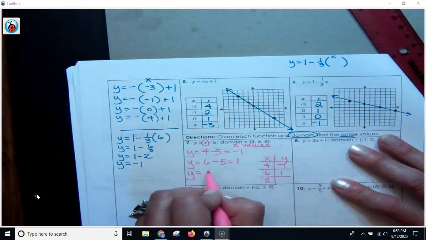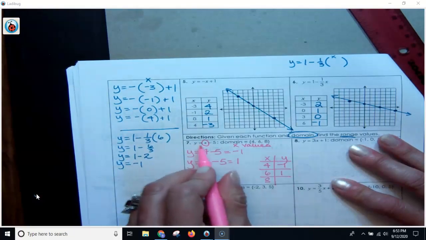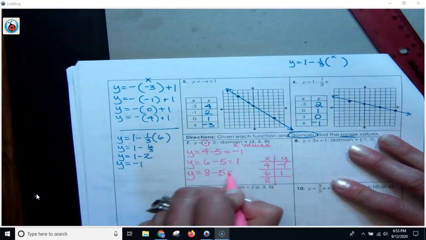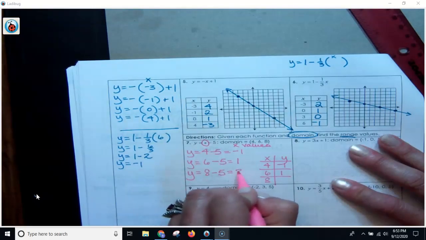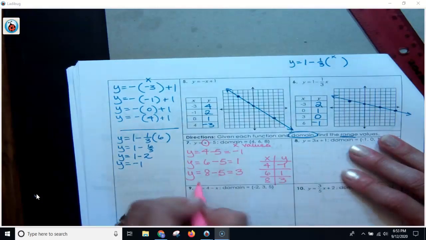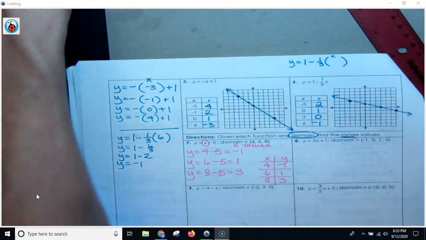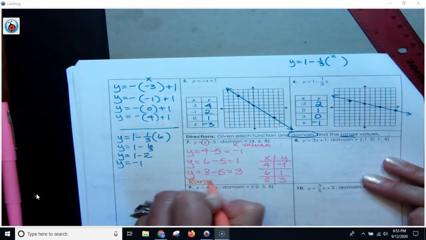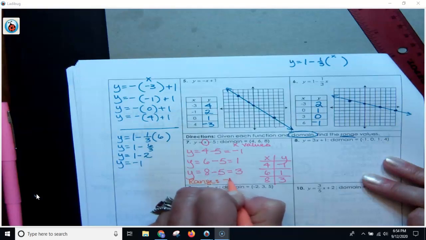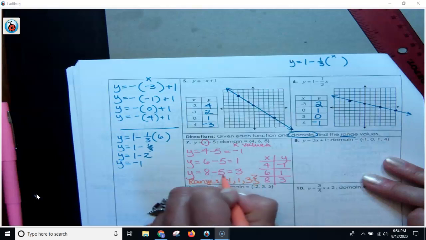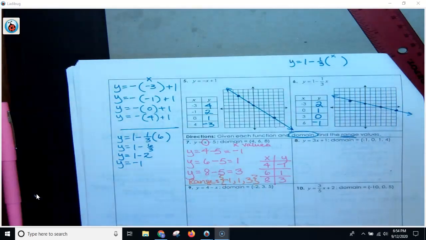Then when x is 8, I'm going to get y equals 8 minus 5, and 8 minus 5 is 3. So my range is -1, 1, and 3. All right, are you with me?